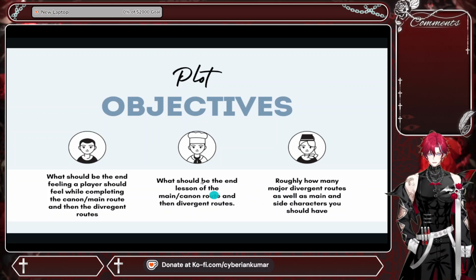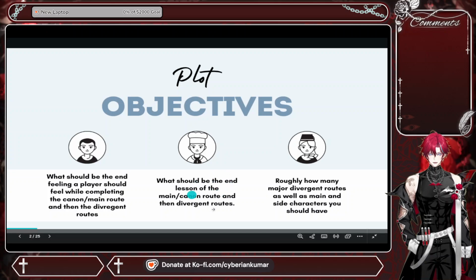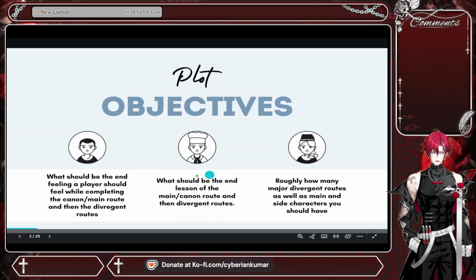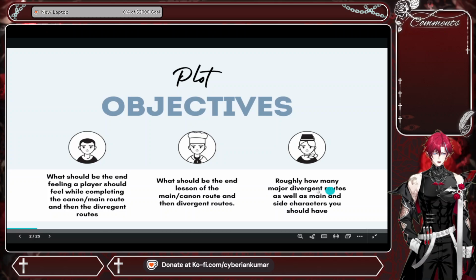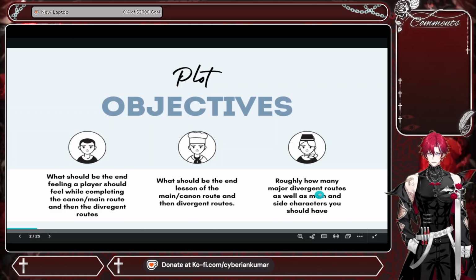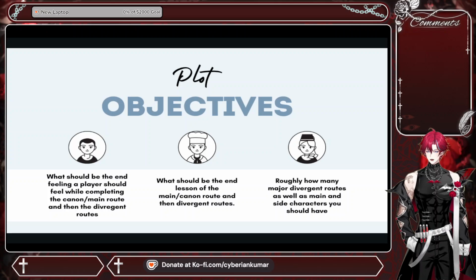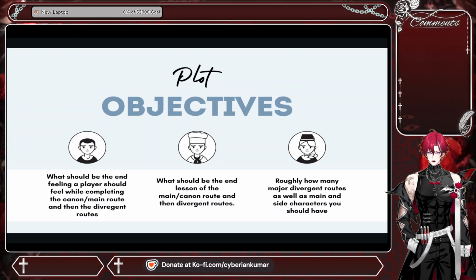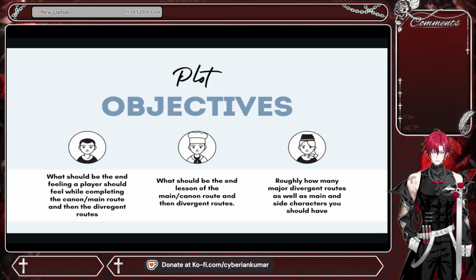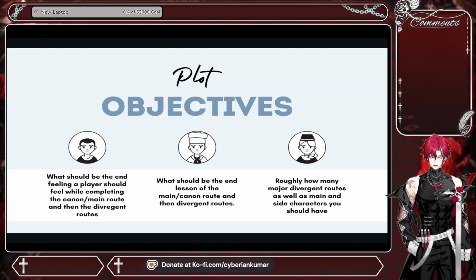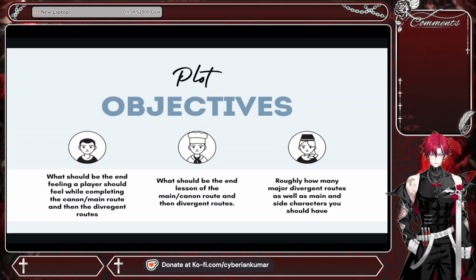Now, once you have the idea of the main route or canon route, you have to decide how many divergent routes you should have. If you're not in a game jam, you have to decide how many divergent routes you want. The more divergent routes you have, the more time it will take to flesh out the story. You also have to decide how many main characters and side characters you have.